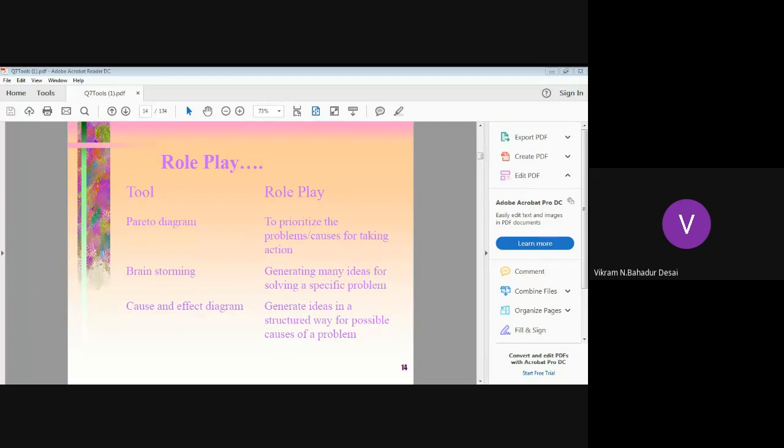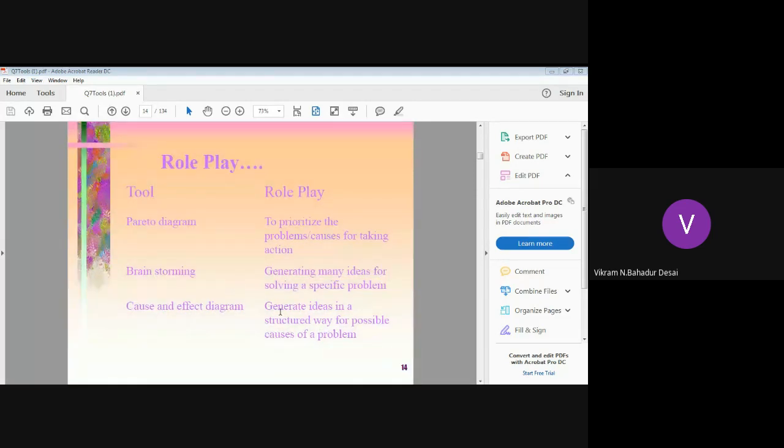So you have to be very clear. You should focus on class A items only, which are the main important things. That is what the Pareto principle states, to prioritize the problem causes for taking action. Then brainstorming, which you know already from the last class, generating many ideas for a specific problem.